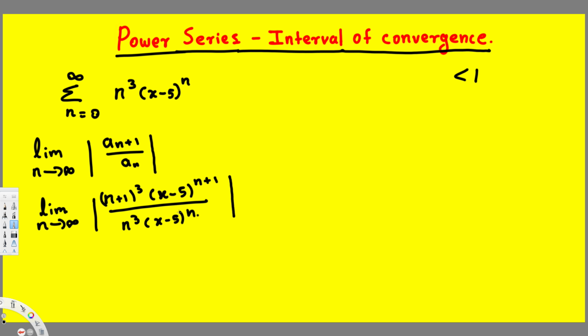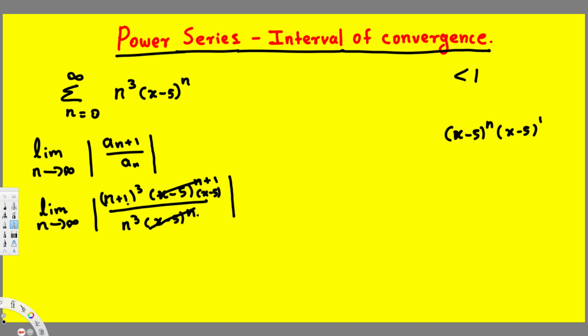From this one you can notice this one cancels with this one, so we are left with (x-5) to the power 1, right? Because this is the same as (x-5) to the power n times (x-5) to the power 1. So that's why we can cancel this power n and we are left with (x-5) to the power 1.